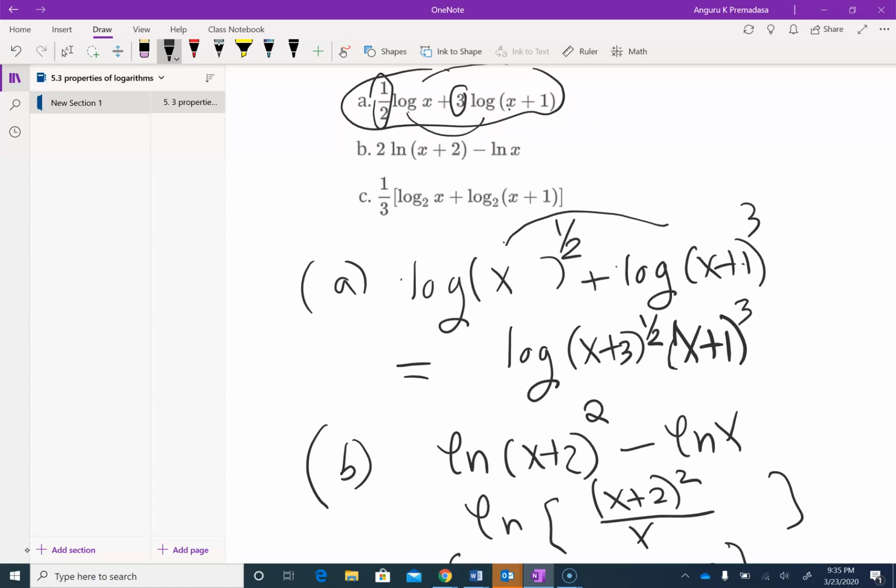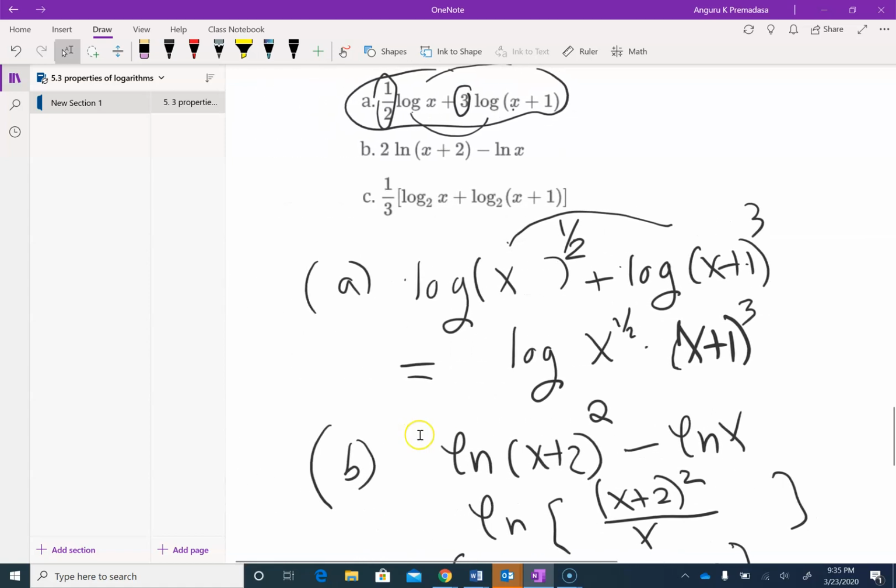And because there's nothing in front, you have a sum of logs. By the product rule, the sum of logs is equal to the log of a product. So what we do is we write this as x to the 1/2 times x plus 1 to the 3. So once again, we are using the product rule.